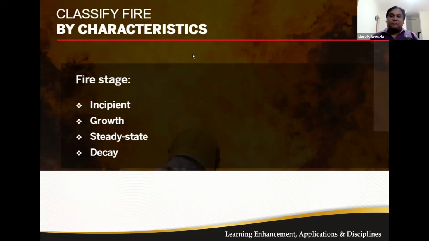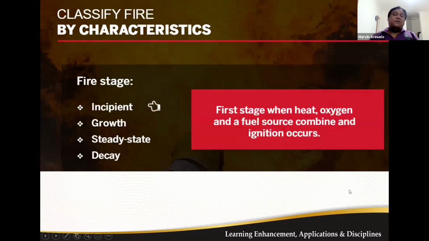Fire stages, there are 4 stages of fire. We will discuss: incipient, growth, steady state, and decay. I also call it the fire life cycle. Incipient stage refers to the first stage of the fire where the heat, oxygen, and fuel source combine and have a chemical reaction resulting in a fire.